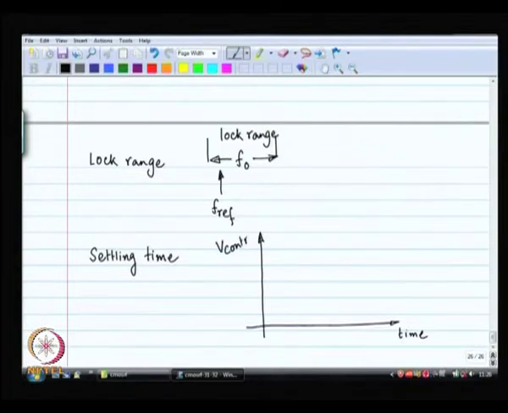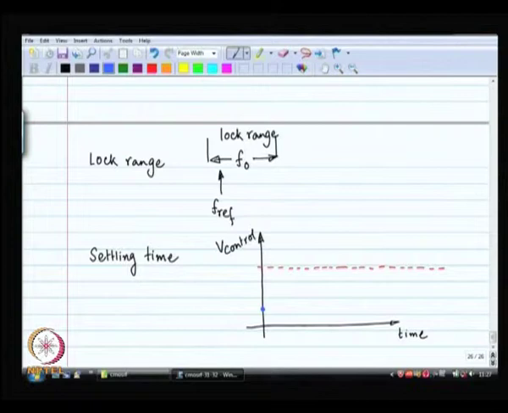Now, if I plot the control voltage to the VCO as a function of time, maybe this is the control voltage that is suitable for frequency lock. You start it off, let us say initially the control voltage is at 0 volts, maybe over there.